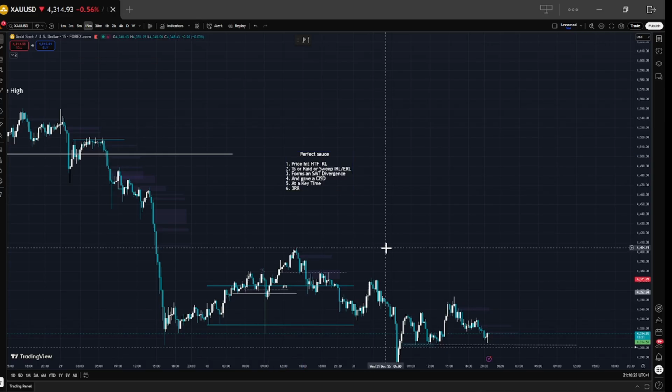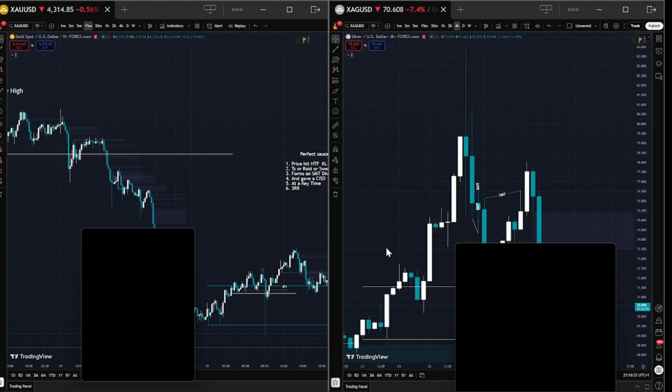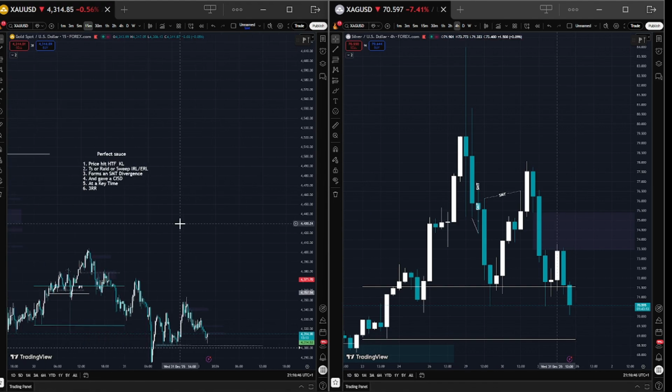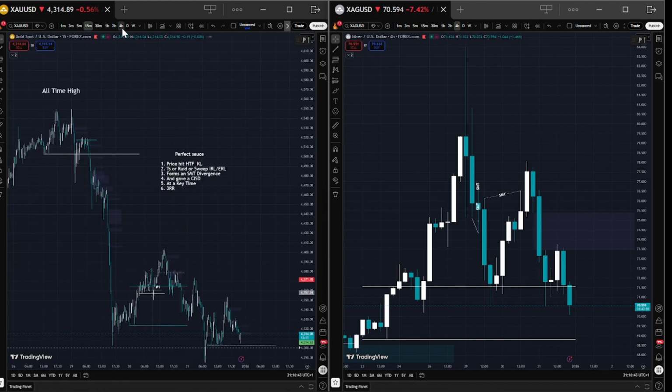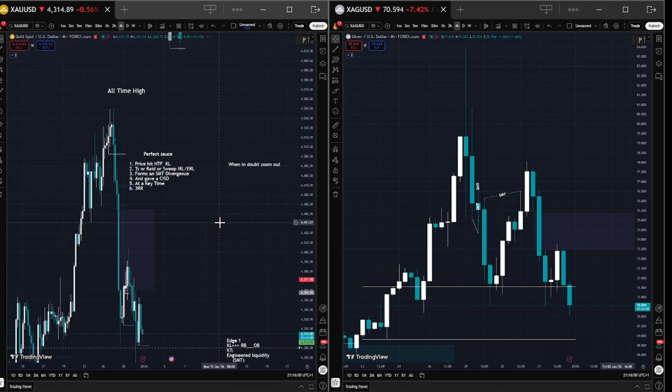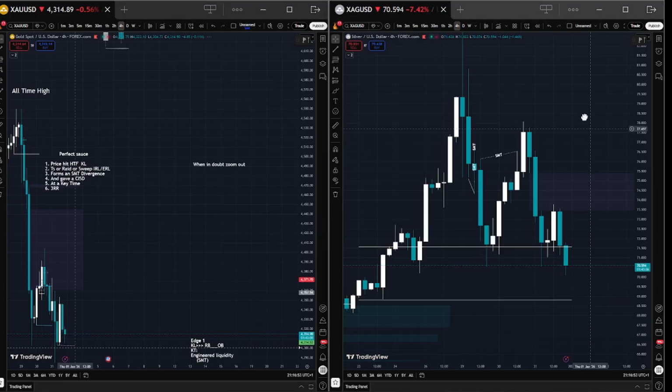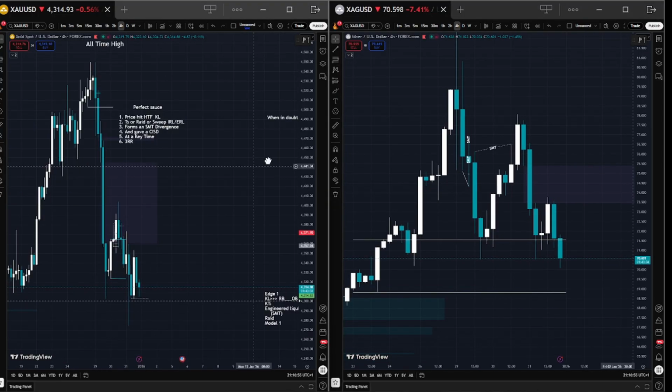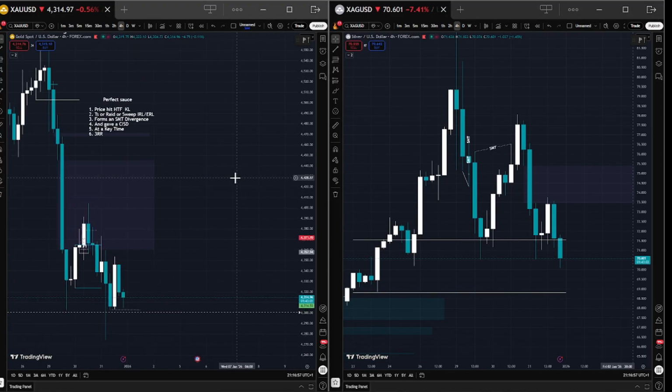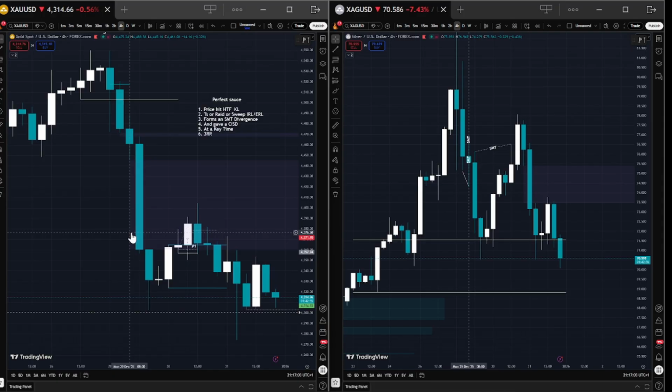If we were to show you quickly, the silver chart around that time. All right, let me just quickly show silver. Silver around that particular time, there was no SMT.